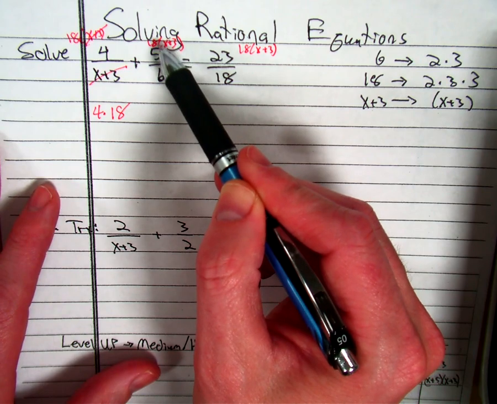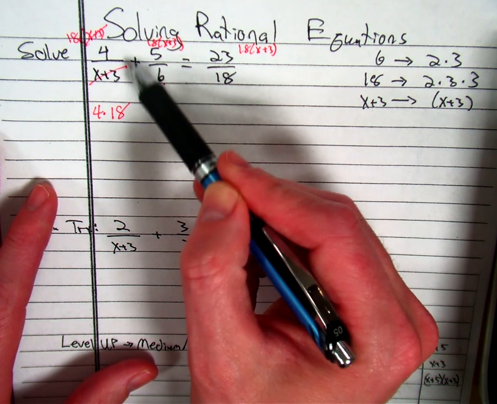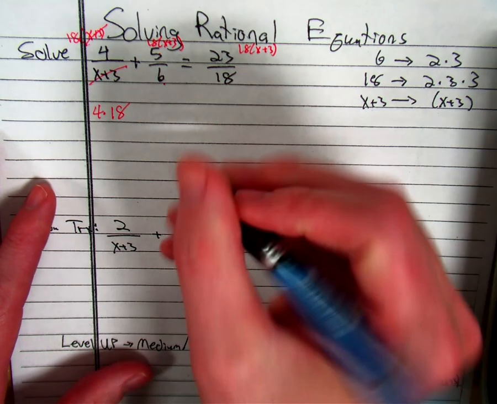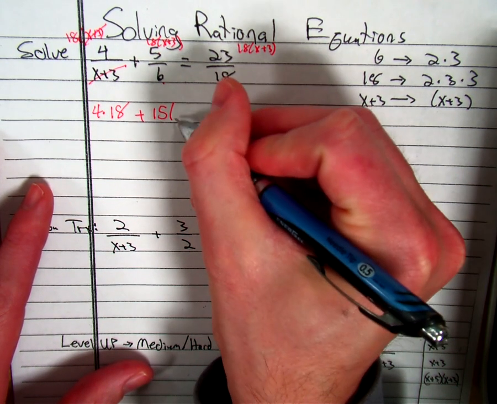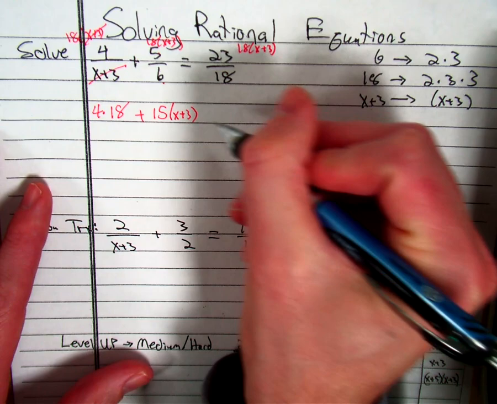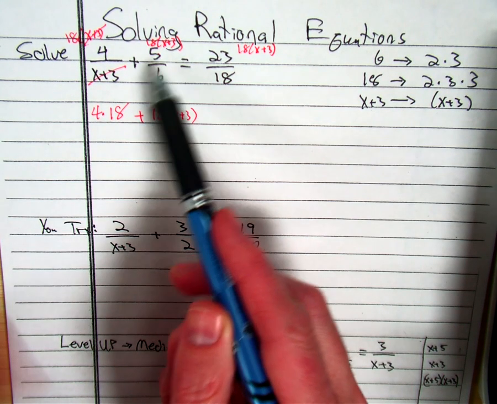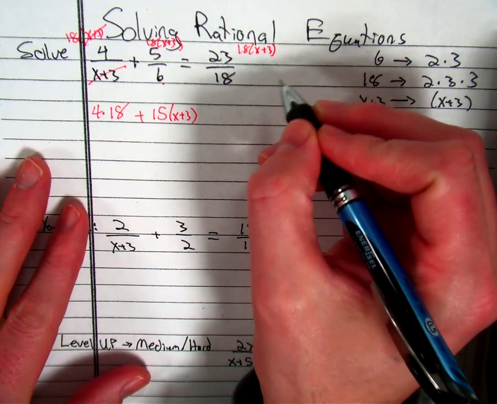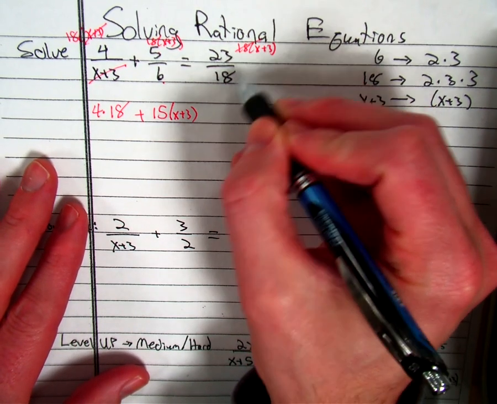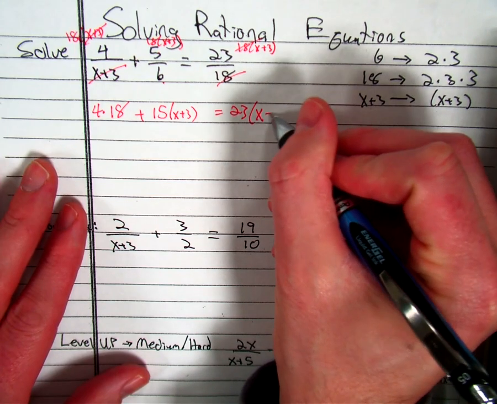I'm going to think about it as 18 divided by 6 is 3. 3 times 5 is 15. 15 times parentheses x plus 3. You could do 18 times 5, that's 90, divided by 6 is 15. And then over here, the 18s cancel out, and we have 23 times x plus 3.